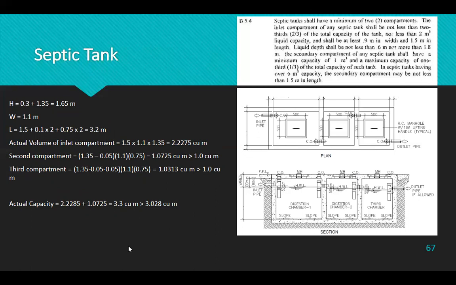Now the actual volume of inlet compartment is 2.2275 cubic meter.